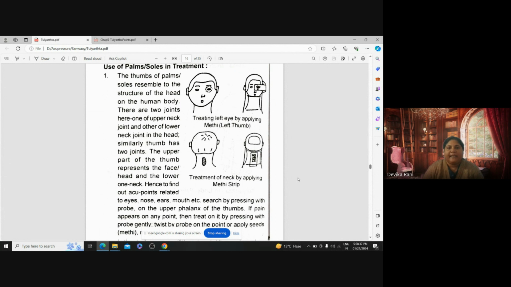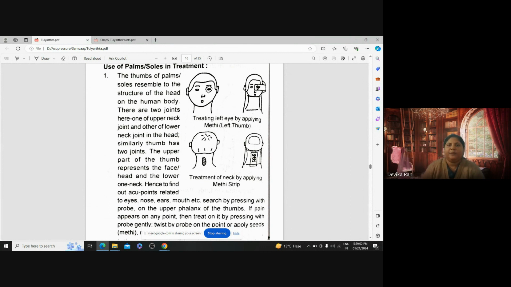So if we are having any issue, say in the eye, for example, we can take a probe and find out the painful point. So we know that this is my face, so here would be the eyes. I'll find out where it is paining exactly.